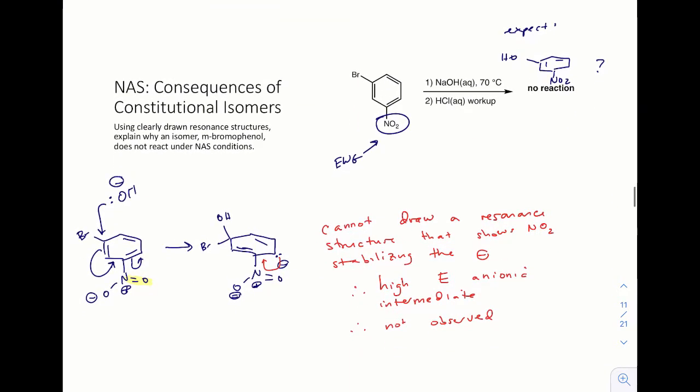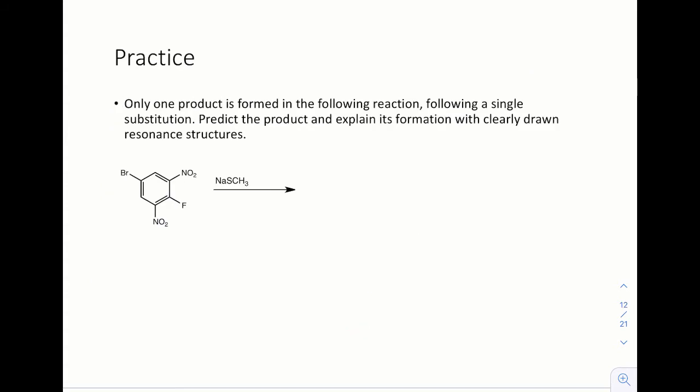An electron withdrawing group in the meta position cannot stabilize the negative charge as well as one in the ortho and para positions. In fact, only one product is formed in the nucleophilic aromatic substitution reaction of this substituted benzene. Predict the product and explain its formation with clearly drawn resonance structures.